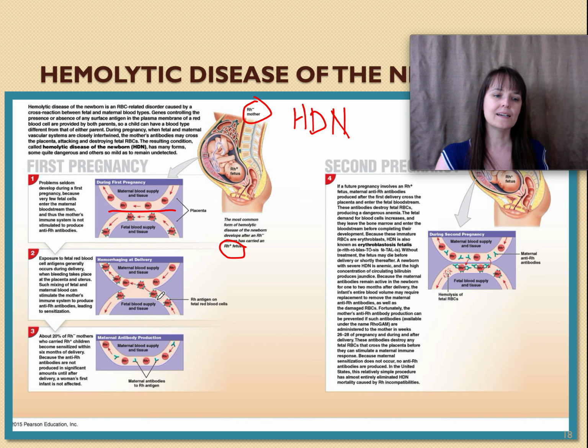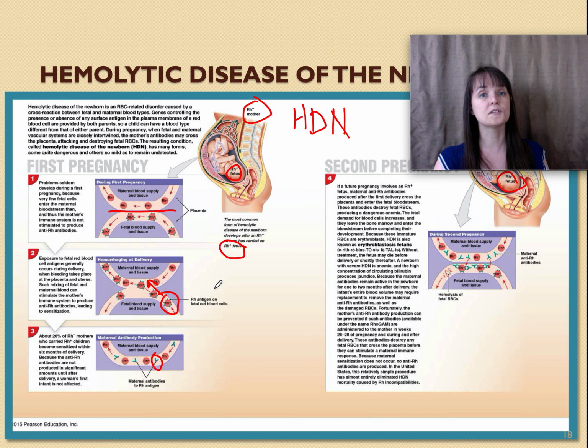And that allows these Rh positive blood cells into mama's bloodstream, and mama is then sensitized and forms anti-Rh antibodies, which after this first Rh positive baby has been born is just fine until mama gets pregnant again with a second Rh positive baby.